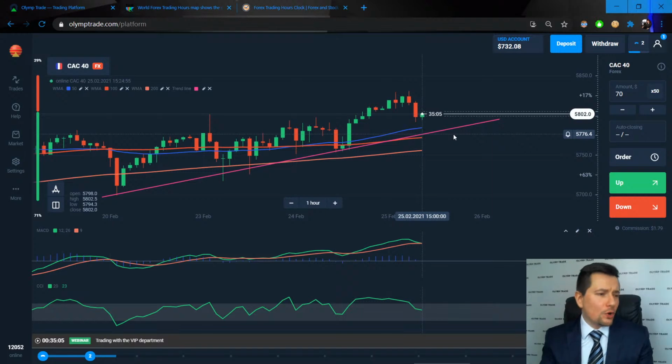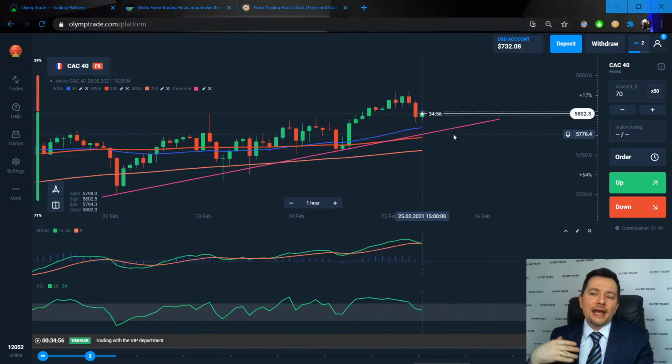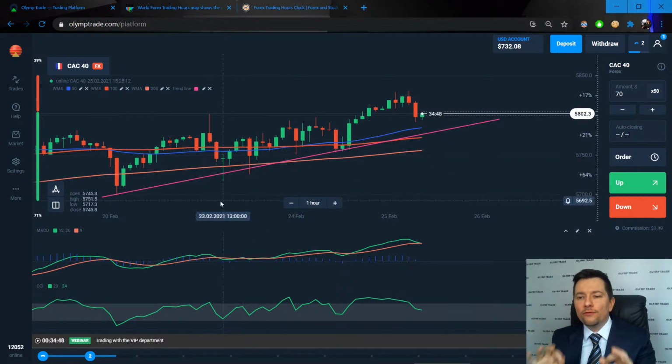Now remember that drawing a trend line, drawing in general, is not a science. It's more of an art. It's what your experience and the market tells you. Sometimes I do cut off the tails as a false flag for the market that I'm trading. Now, stocks especially have a lot of bull traps.